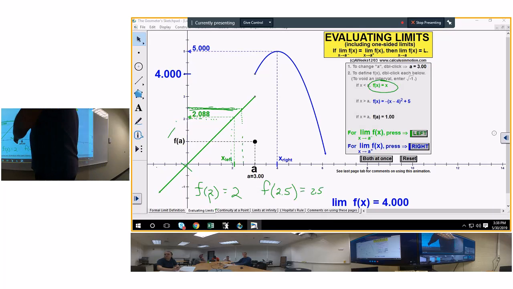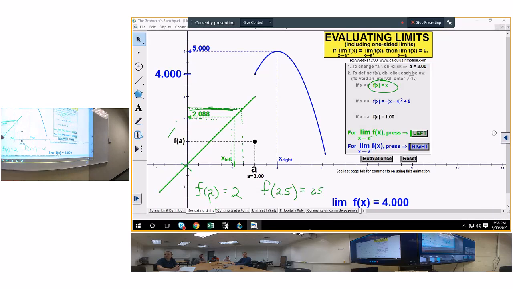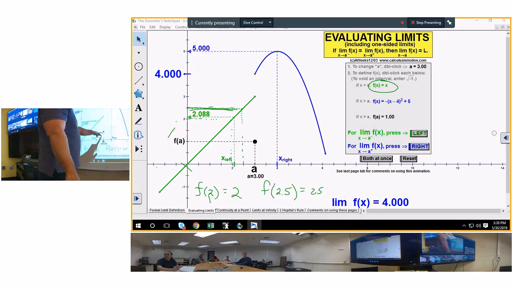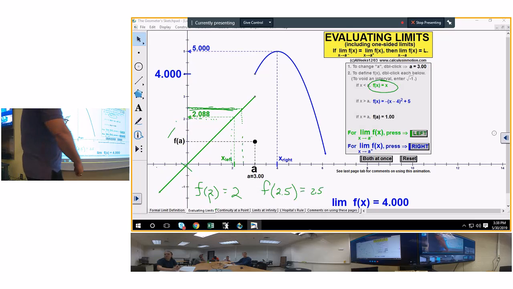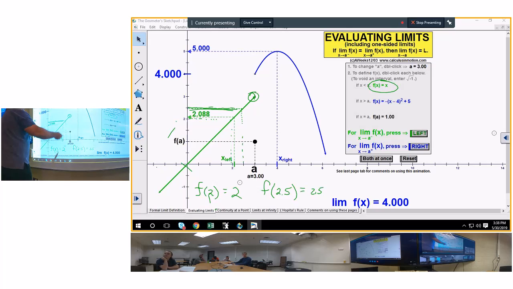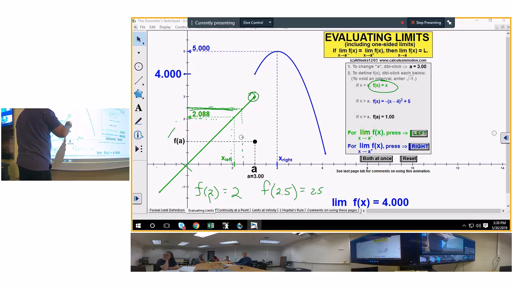So when I get to f of 3, it is going to be equal to 3 because I got a dot here. Not this dot right here, this is 3. But the limit of f of 3 as it's approaching is 3, and that's only from the left. Why? Because here x is equal to 3.